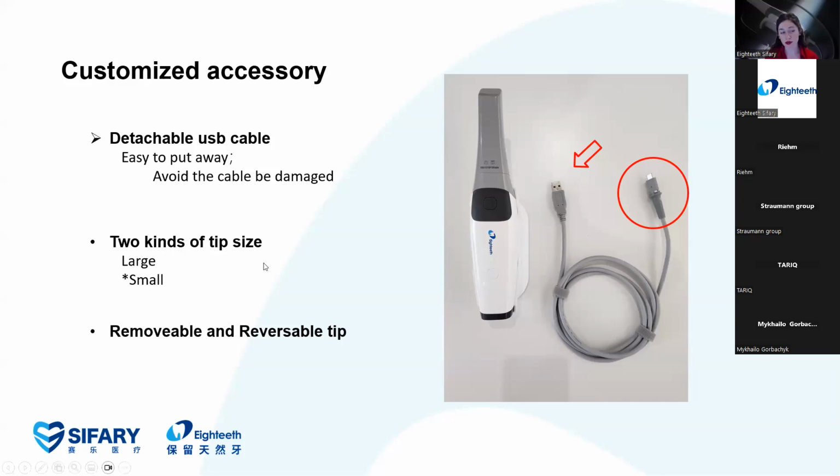So I mostly recommend the large size, but if there is some patient condition, of course they are free to use the small. It's also a removable and reversible tip. Basically, the tip next to my hand, if I unplug it, I can reverse it and insert it on the other side, in order to scan the lower and upper jaw more comfortably for doctors.